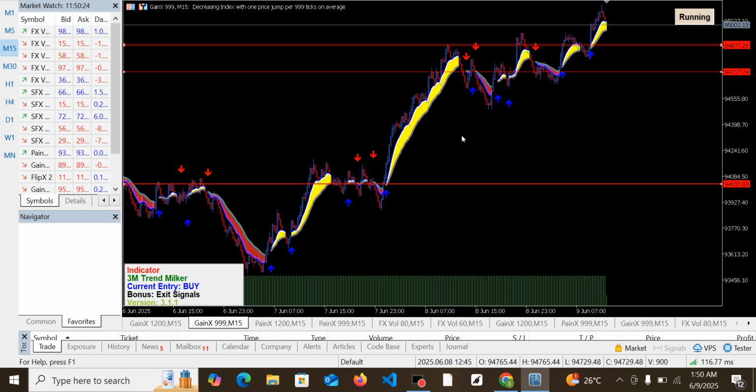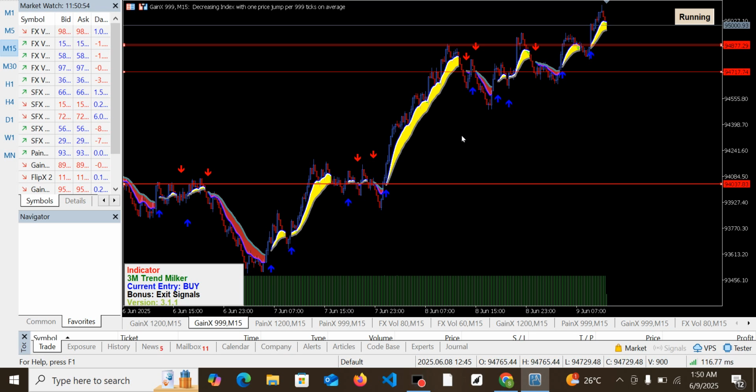If you are trading any of the GainX assets, then definitely you should know that it should be when the market is on uptrend. But if you're trading any of the PainX assets, then you should know that it is when the market is going on downtrend. Then you should also know your support and resistance zone, because those areas will give you your entry point and your exit point each time you are trading these.